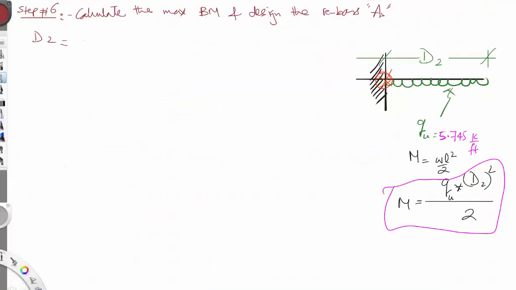So equal to B minus T divided by 2, and B is in this case 11 feet, and T is 20 inches divided by 12 to make it feet, divided by 2 is equal to 4.67 feet.